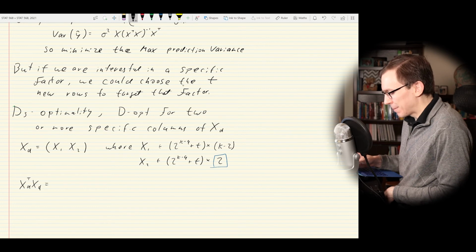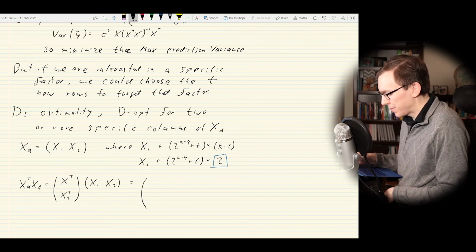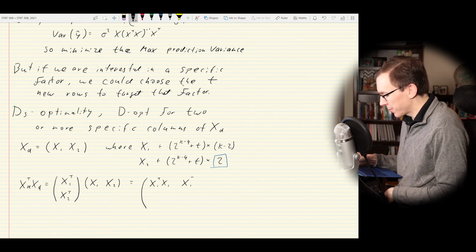If we do a block matrix multiplication, we're taking the matrix [X1 transpose; X2 transpose] and multiplying it by [X1 X2], and what we get out is a block matrix: X1 transpose X1, X1 transpose X2, X2 transpose X1, and X2 transpose X2.